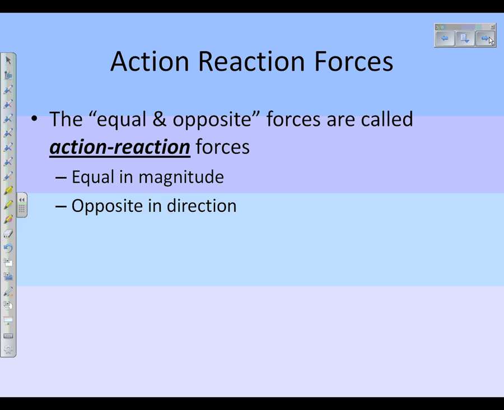If two forces are equal in magnitude but opposite in direction, what is that? The net force is 0. That's equilibrium, right? And if that's the case, nothing would ever happen. No acceleration would ever occur.